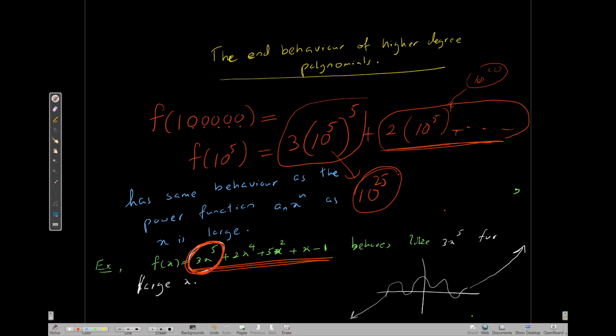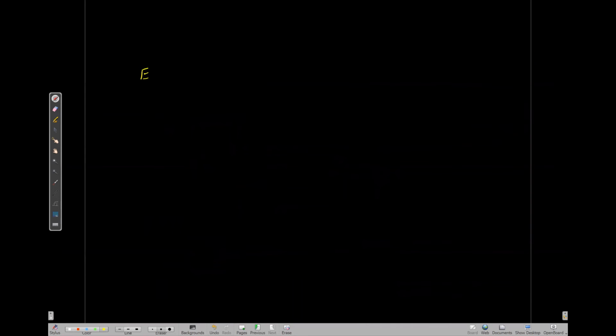Let me give you another example. Let's say you have a function f of x equals 10x to the 7 plus x squared minus x minus 7.